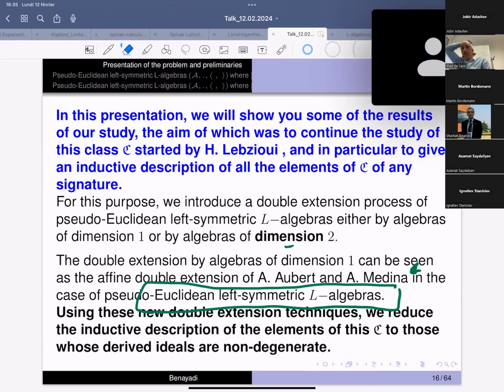Using this new double extension technique, we reduce the inductive description of the elements of this class C to those whose derivative ideal is non-degenerate. We start by considering a pseudo-Euclidean flat Lie algebra G endowed with the Levi-Civita product, which is left-symmetric.